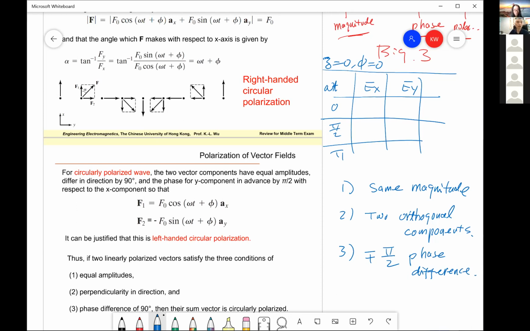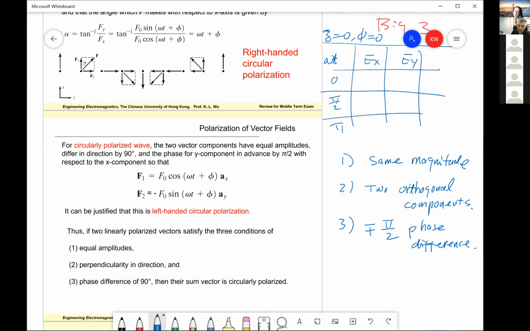Then we create a circular polarized wave. So that's these three components here.